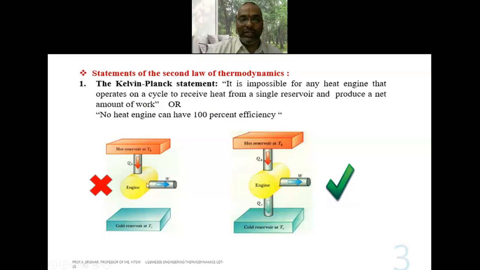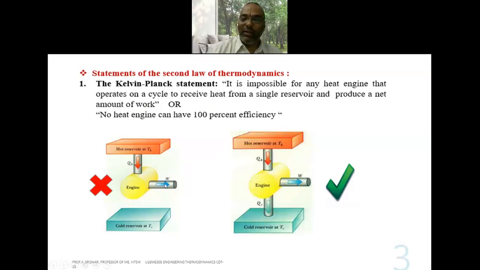Here the heat engine is operating with only a single energy reservoir, that is the source. There is no sink. When there is no sink, whatever amount of heat is given to the heat engine, the entire amount of heat is converted into work. So W is equal to Q1. Efficiency is work done divided by heat supplied.